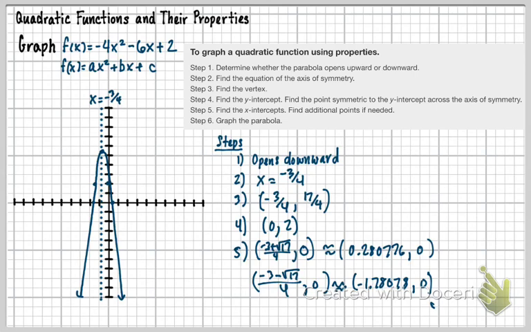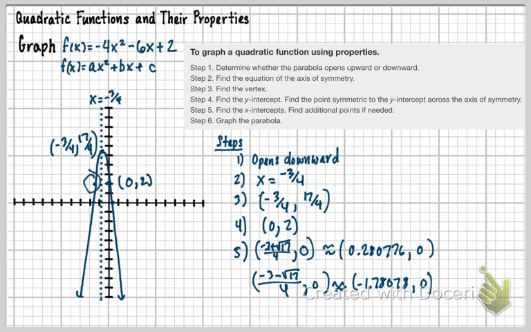And one other thing you want to do here is you want to label your points. What I mean by that, you're going to want to put the values in, the labels for the ordered pairs that you see here. So this is my vertex, so I'll write (-3/4, 17/4). And that's that one. And over here on the right, we're going to have 0, 2. And that's okay.